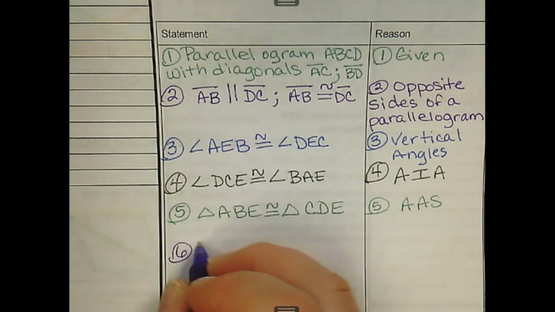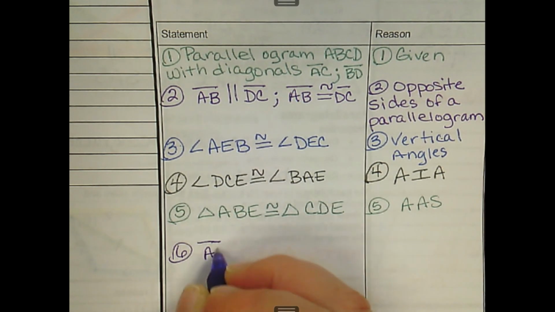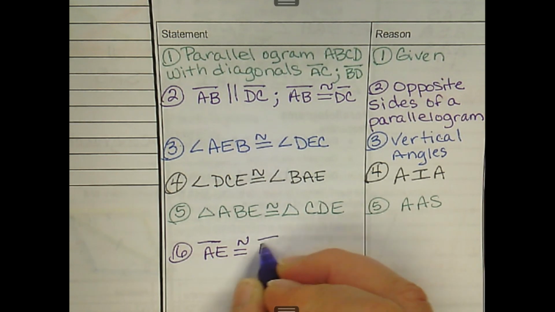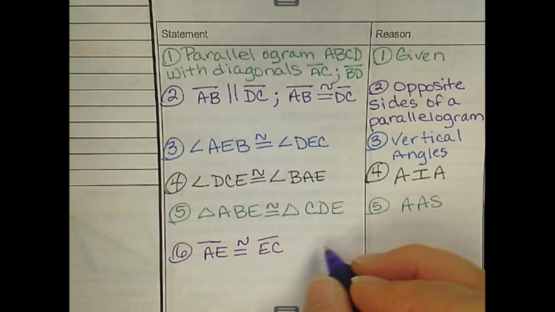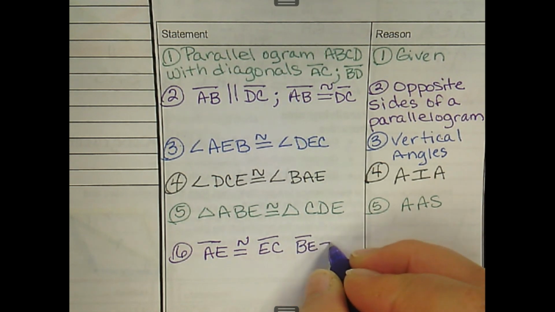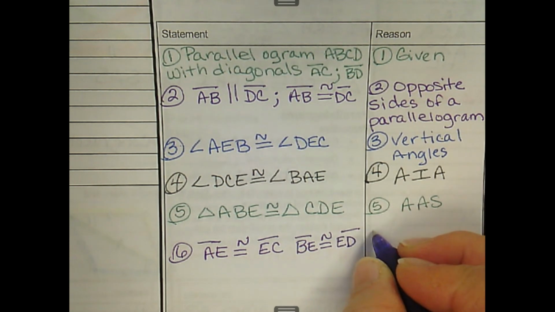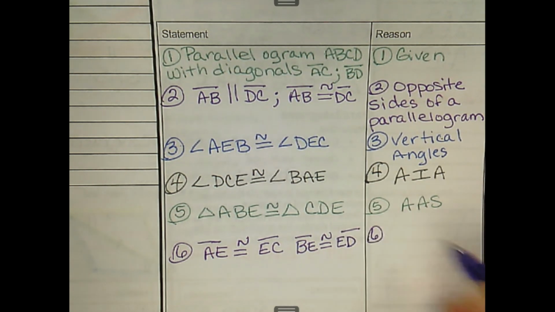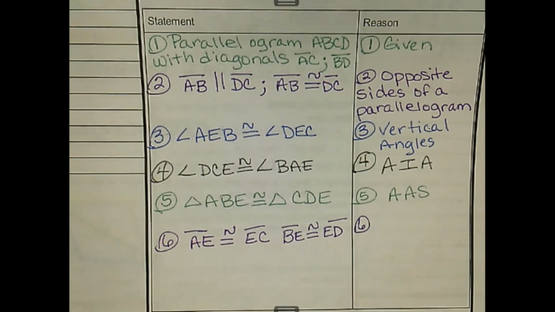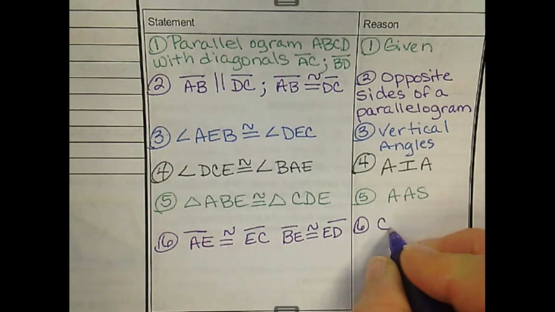Segment AE is congruent to segment EC. Segment BE is congruent to segment ED. How do I know? Corresponding parts of congruent triangles are congruent.